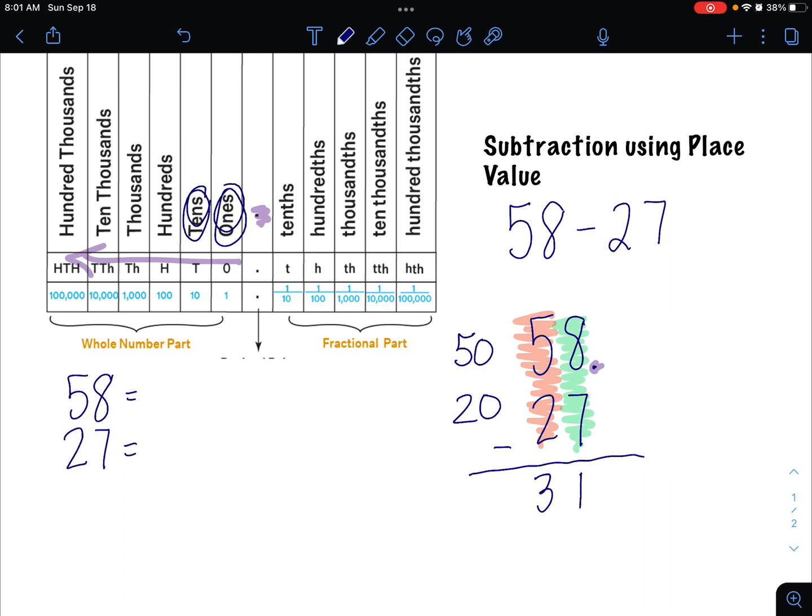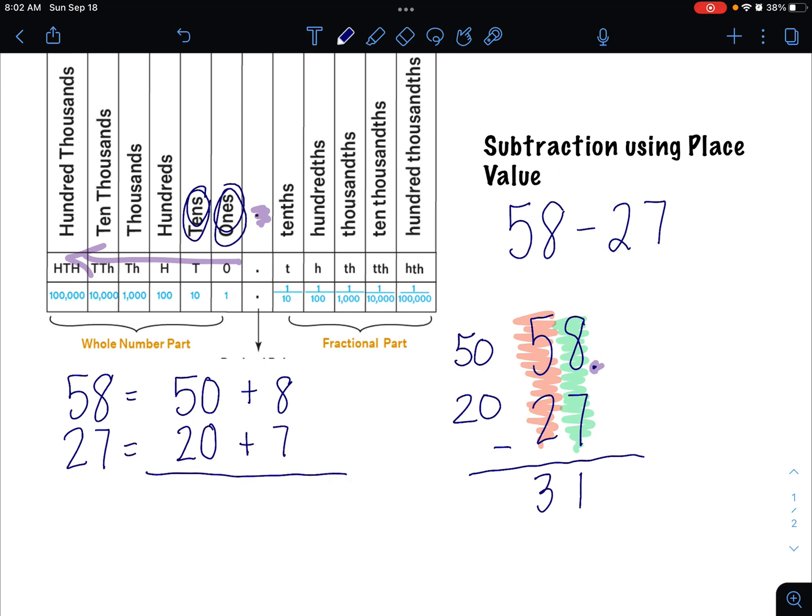So 58 is really 50 plus 8. We can always take those numbers and break them up into pieces, into their place values. And then 27 is really 20 plus 7.